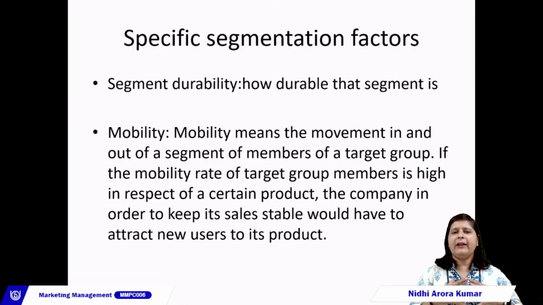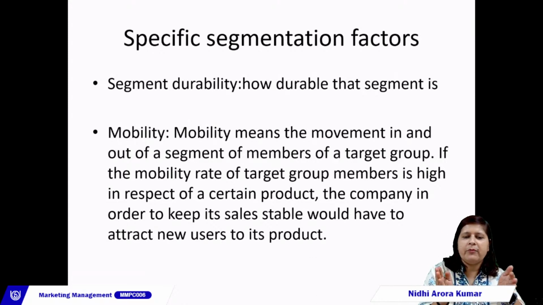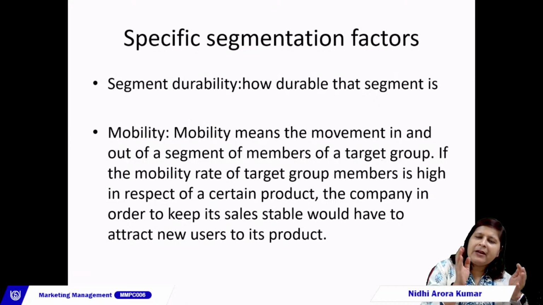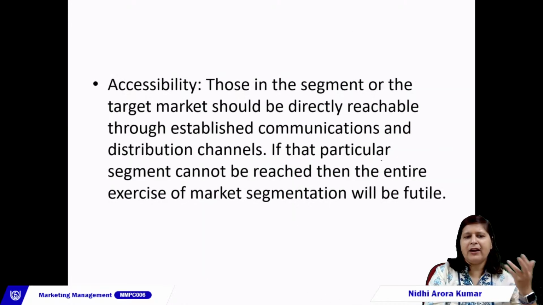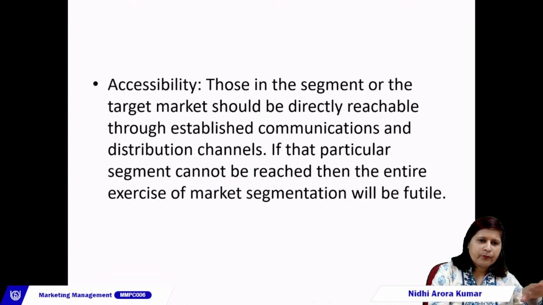One should keep track of the mobility of the segment members. If the mobility rate of the target members is high, then it is required for a company to grab new customers or new users for its product. Then only can you survive in the market.